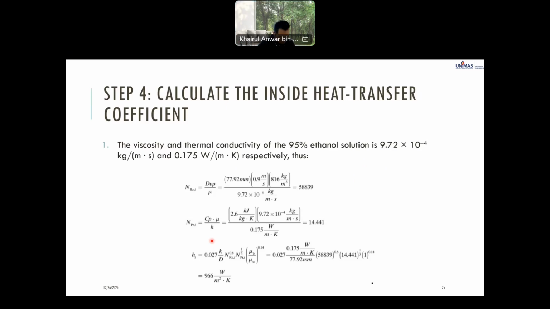That one is page 683. We get 14.041. So h, the heat transfer coefficient for the inside pipe, using this equation, mu water over, what was it?